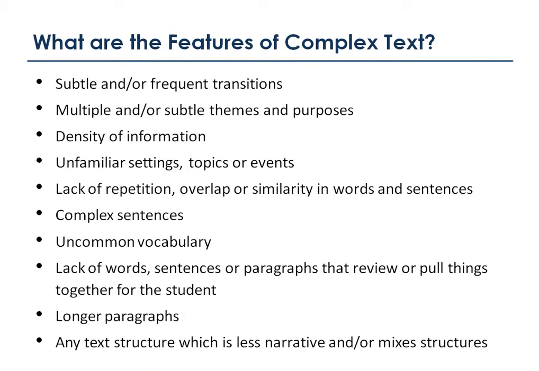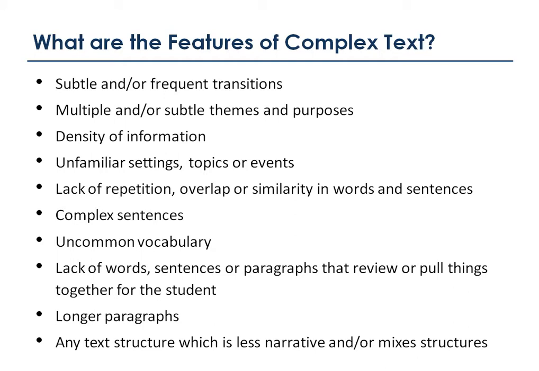So there's a lot of talk about complex text, but what is meant by that term? The items on this slide are descriptors of some of the features that might indicate that a text is complex. Complex texts contain any and all combinations of these features.